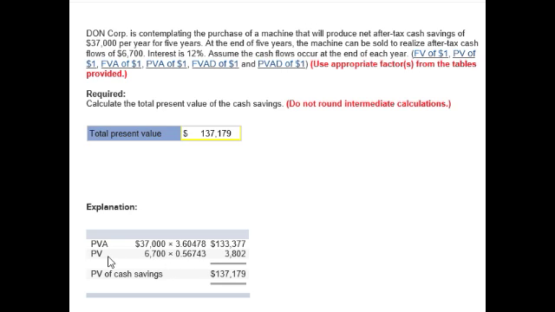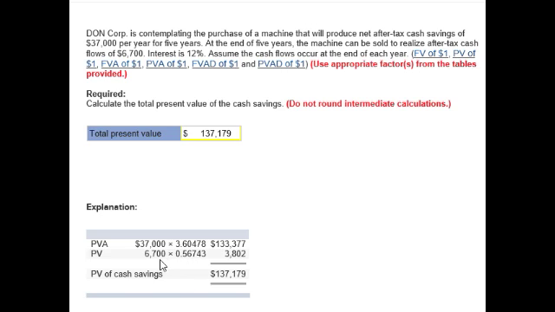For a one-time cash flow, you use not the annuity table, just the regular present value table. Since we are trying to calculate the present value of the future cash inflow of $6,700 that will happen in 5 years, you multiply by the rate that shows under 12% and number 5, which is only .5674, giving 3802.